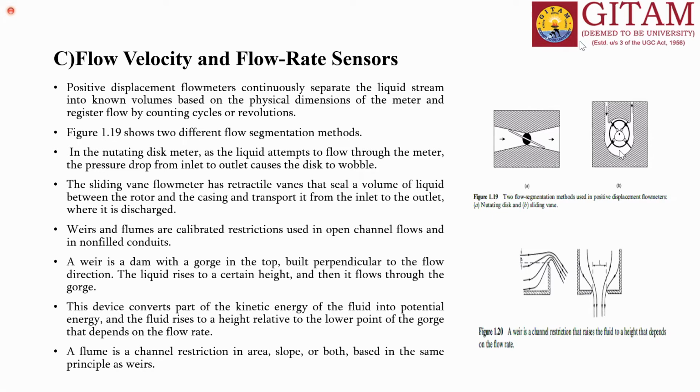If we allow liquid, it will come out of the outlet by rotating the sliding vane. So these two are called positive displacement flow meters. The first one is the rotating disc and the second one is the sliding vane.